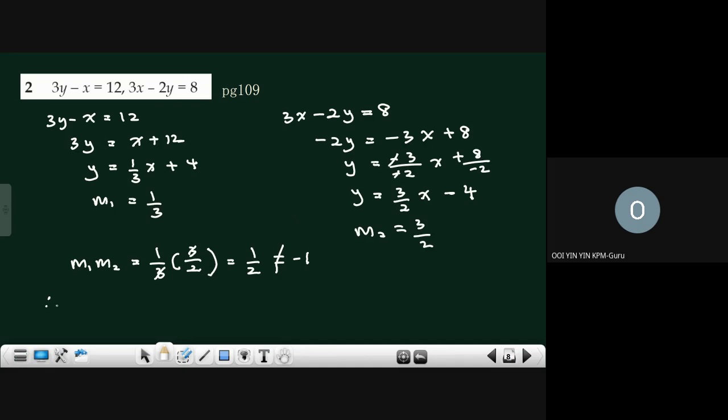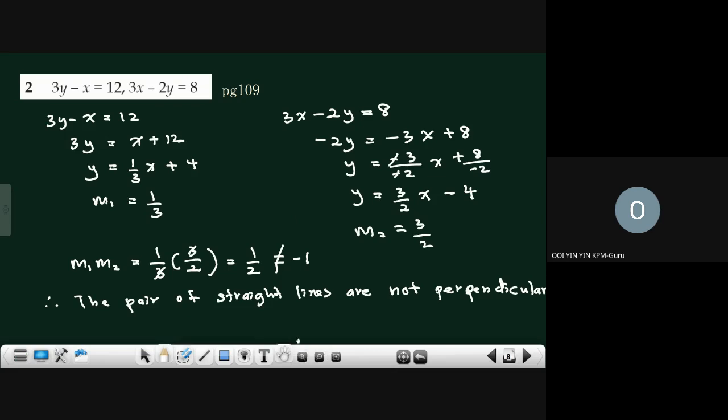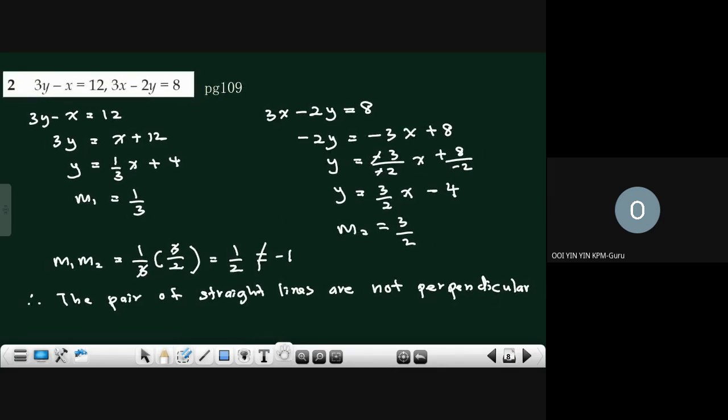What it means is that the pair of straight lines are not perpendicular. Never mind the spelling, just look back at your questions, it's given there. Done. So this is how you show whether two lines are perpendicular or not.